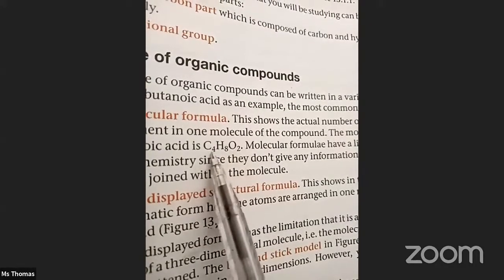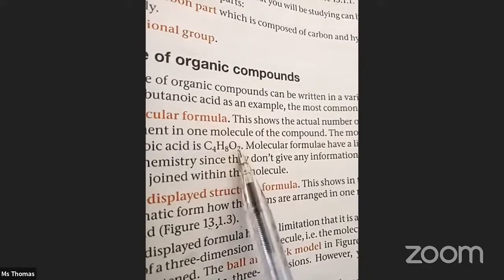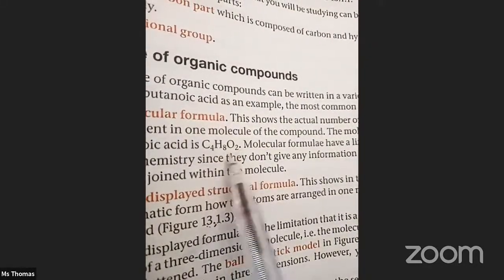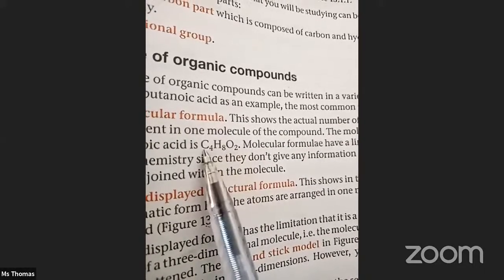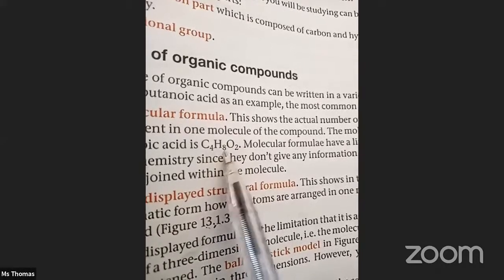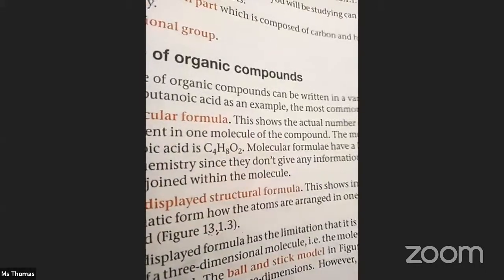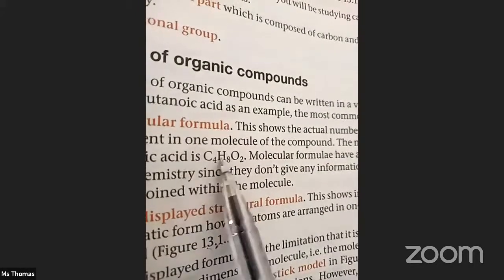This is the molecular formula, C4H8O2. But the empirical formula would be the smallest whole number ratio, which would be all of these divided by 2. So you would have C2H4O. That would be the empirical formula. Is that clear? Yes.